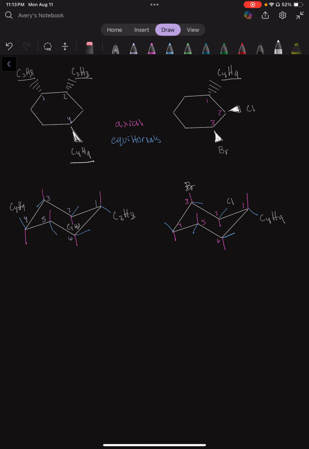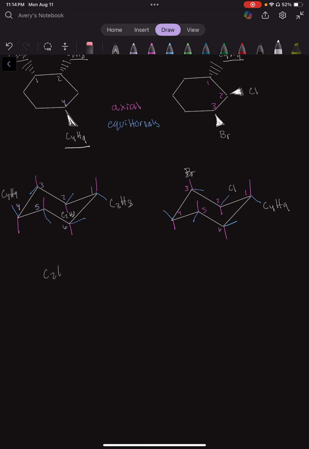Again, we want the bigger ones on the equatorials, so the smaller ones are less troublesome on the axials. So we have C2H6 on an axial, and we have C3H6 on an equatorial. Over here, we have bromine on an axial and chlorine on an equatorial.